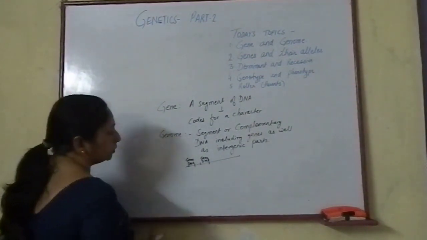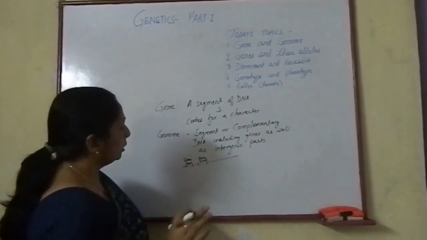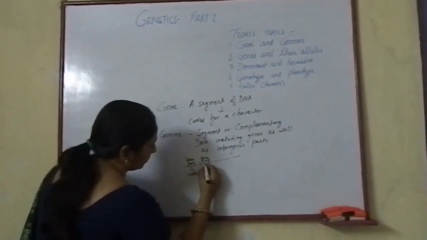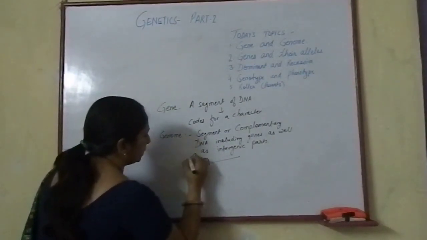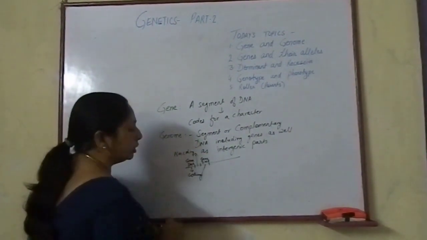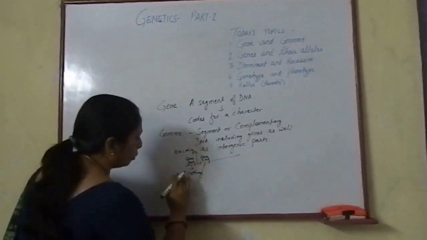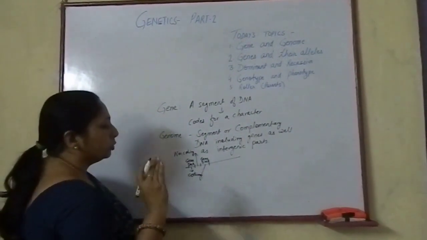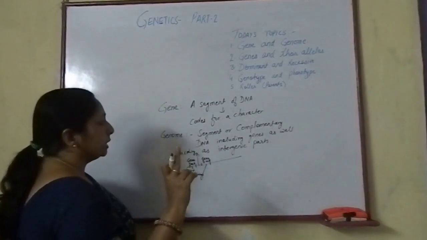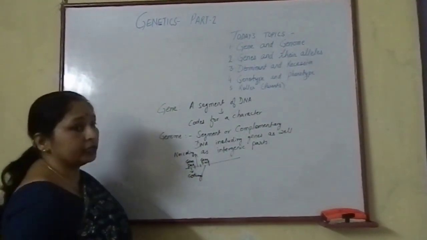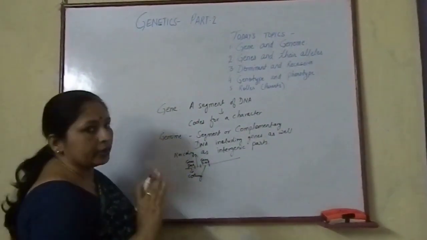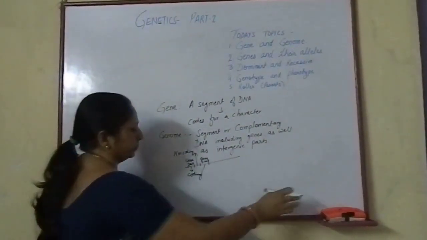But this part, the intergenic part, is a non-coding part, while these parts are coding parts. So the genome includes coding as well as non-coding intergenic parts of the DNA fragment. A gene is the DNA segment which codes for a character, while the genome includes coding as well as non-coding segments.